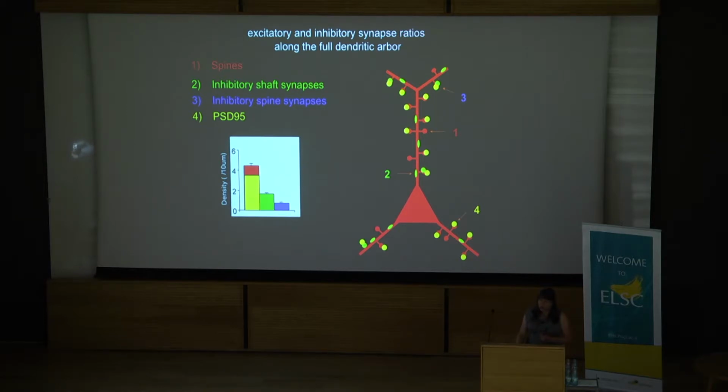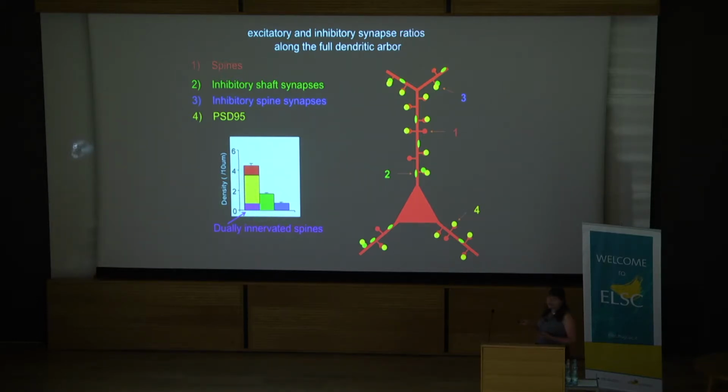And so that suggested that there aren't just two potential inhibitory synaptic populations, but also potentially three spine populations, because we have these spines that don't have PSD95. We have the spines that have just PSD95, which we expected everyone to be.